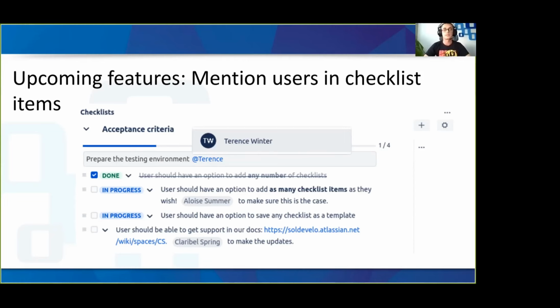By typing the @ sign, you would be shown a list of users that are assignable in your current project. You would be able to select a user, and it would show up as a user mentioned directly in the checklist item. That way you could point out who is responsible for taking care of such a checklist item.